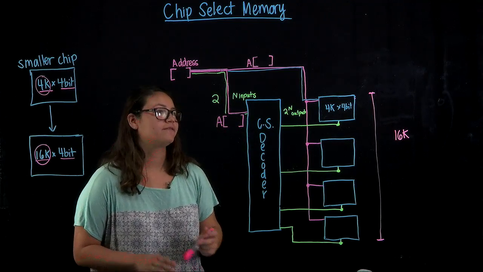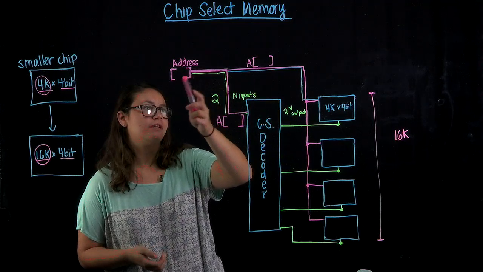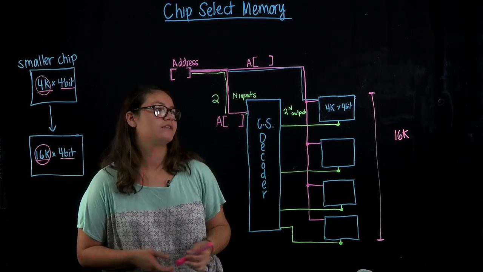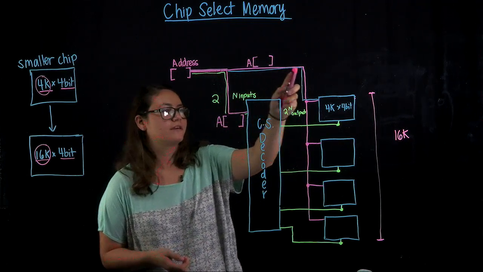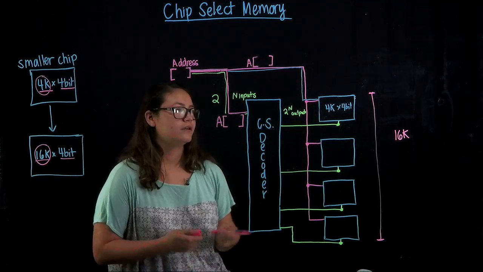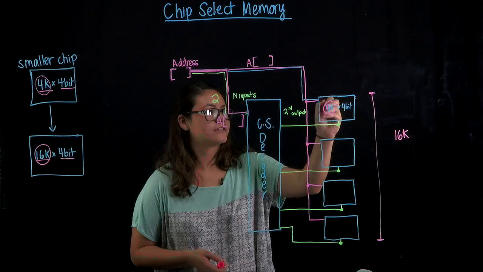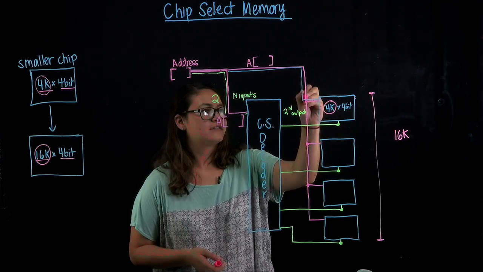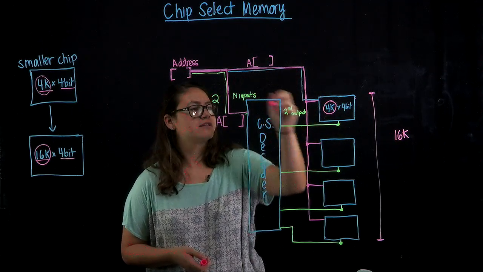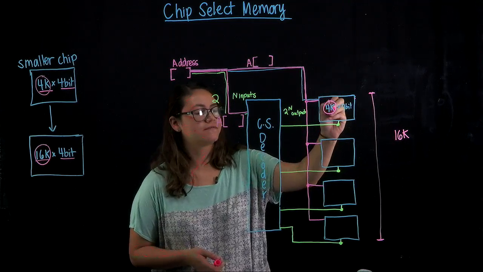So how we can figure out how many bits we need for the full address is we can look at the rest of the bits that go into each chip. Because each chip has 4K locations on it, this address part right here has to select one of these 4K locations.